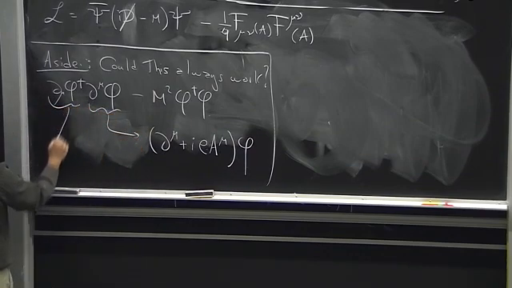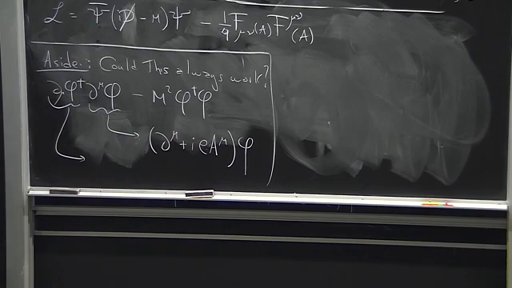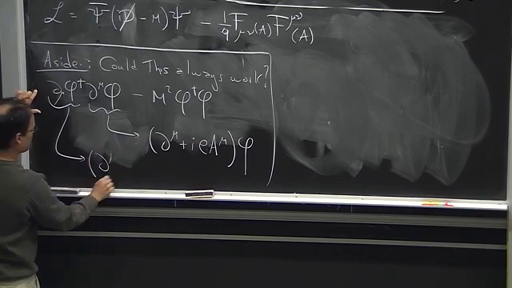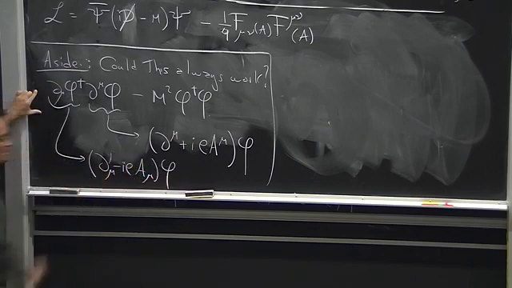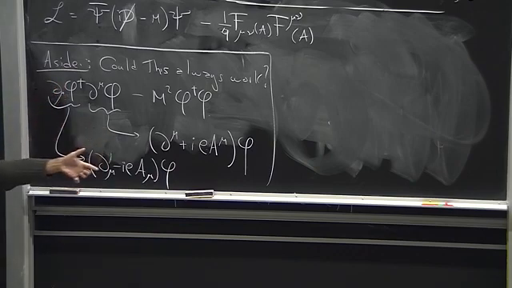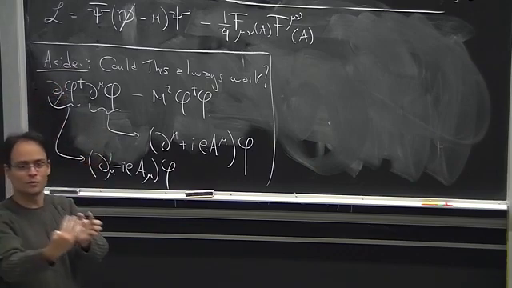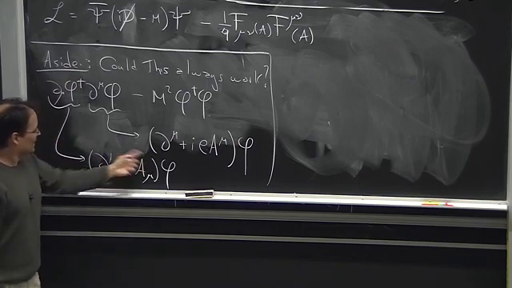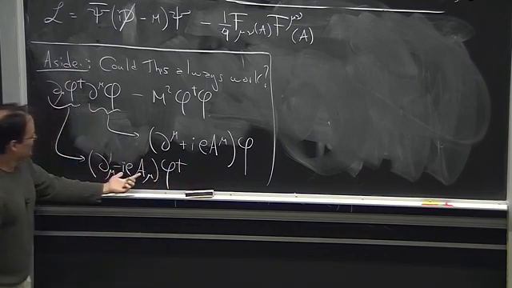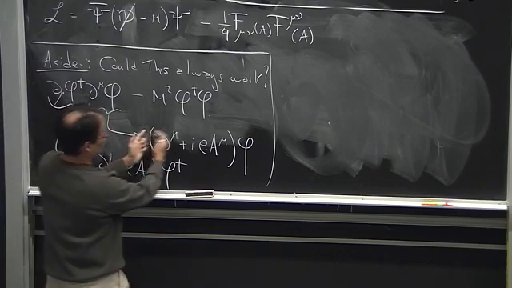And what should we use for this one? Exactly. Because this is a different field, it transforms differently. So the covariant derivative has to be different. Now, of course, this is the dagger, or the conjugate of this whole thing.